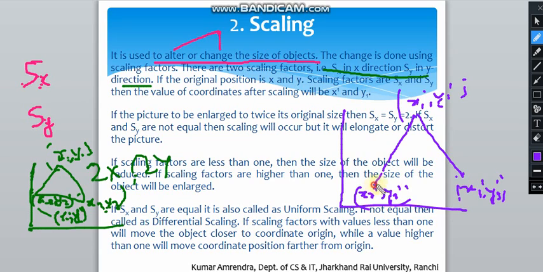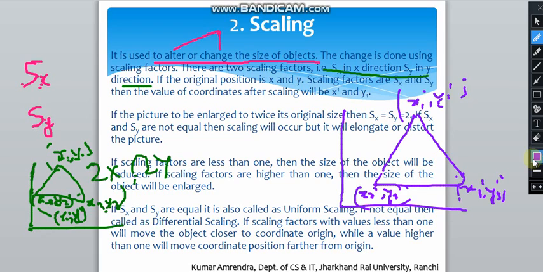So how do we write this using an equation? How do we depict it through a mathematical equation? Let's see. If the picture is to be enlarged to twice its original size, then Sx equal to Sy equal to 2.